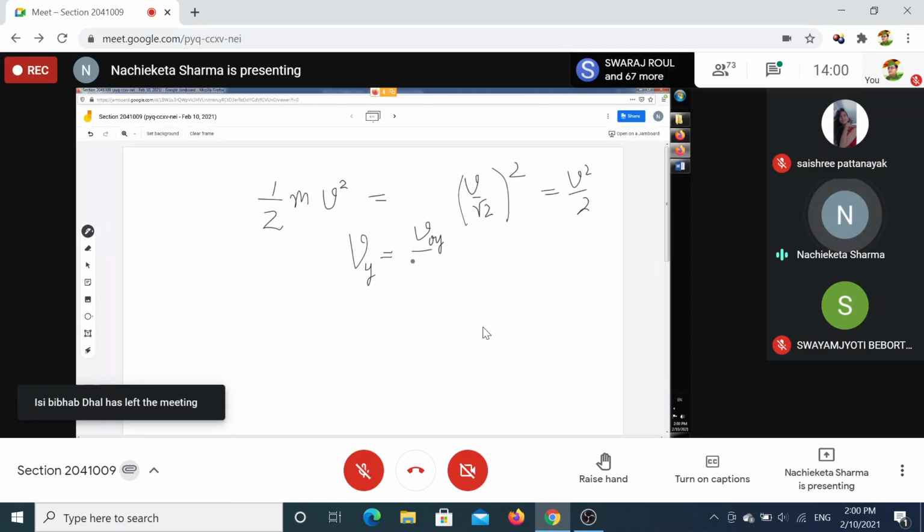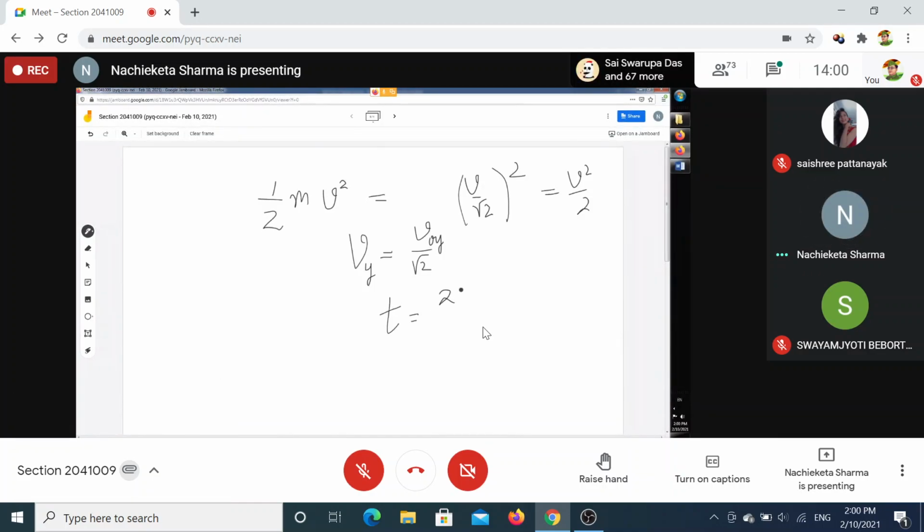So what will be your equations? t is equal to Vy, where Vy is 20 minus 20 by root 2. 20 by root 2, multiply by root 2 in numerator and denominator, becomes 10 root 2, isn't it?